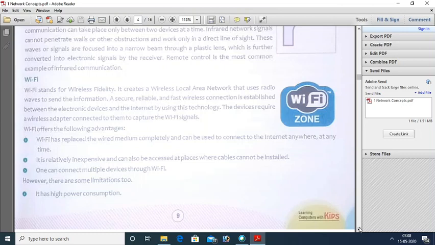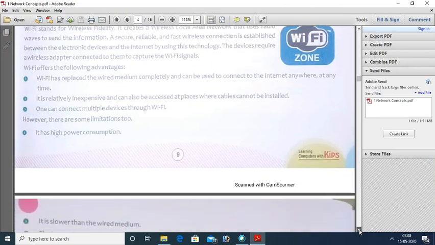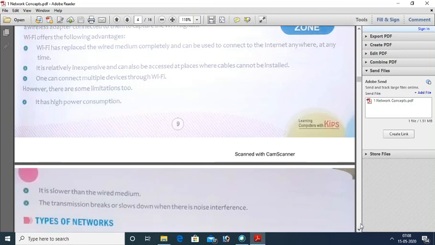However, there are some limitations of Wi-Fi. It has high power consumption, and it is slower than the wired medium. The transmission breaks or slows down when there is noise interference. This technology is used for computers to connect with each other with the help of wired and wireless mediums.